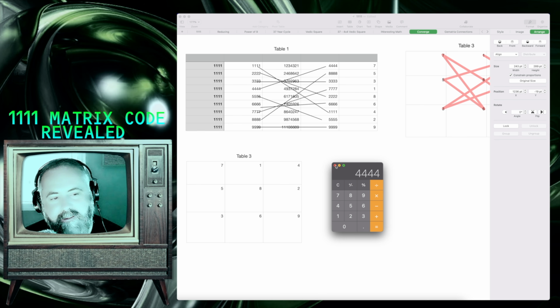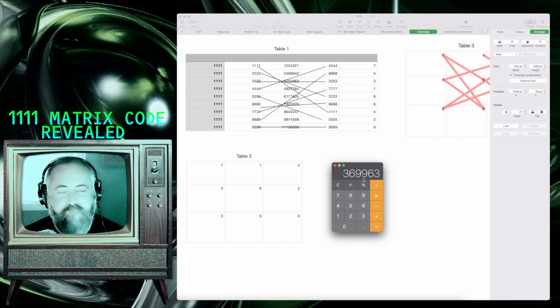But all of this started with 369963, generated from 1111 times 333. I want to show you something. That number can also be achieved by taking 999 times 37. Lo and behold, 369963.